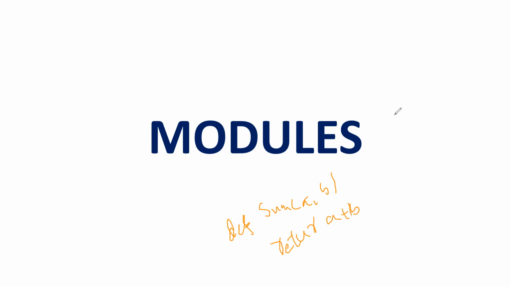Now if you want to create another function, let's take subtraction, sub a comma b, return a minus b. Okay, this is for summation, this is for subtraction.